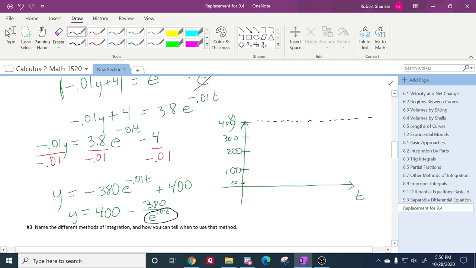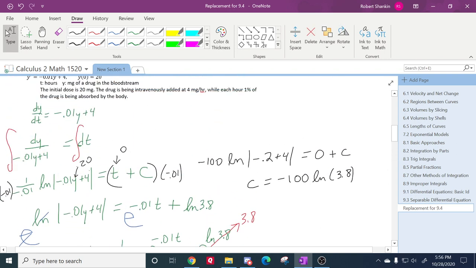It means we're going to wind up increasing until we get close to that, and then get infinitely close. We'll get really, really close to 400 milligrams.